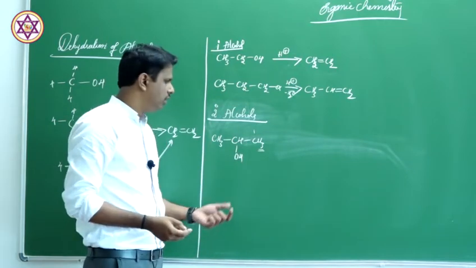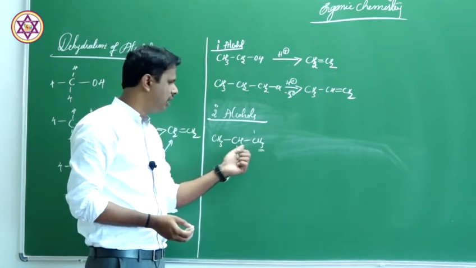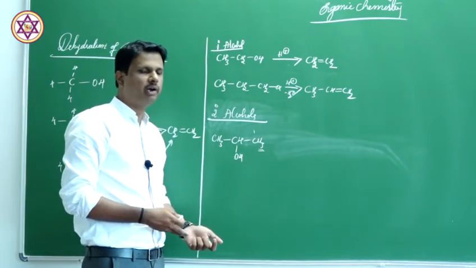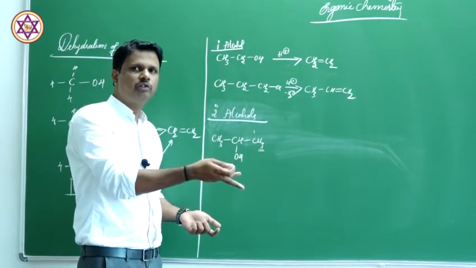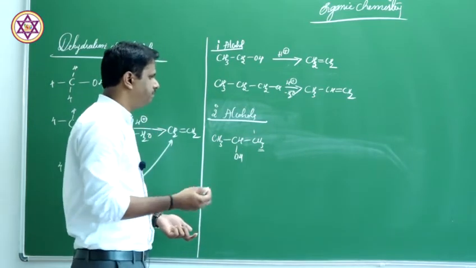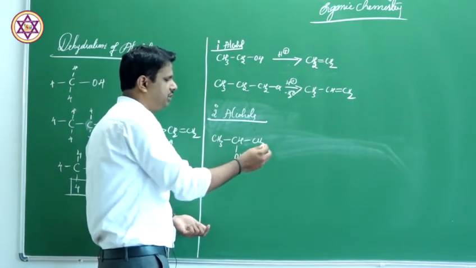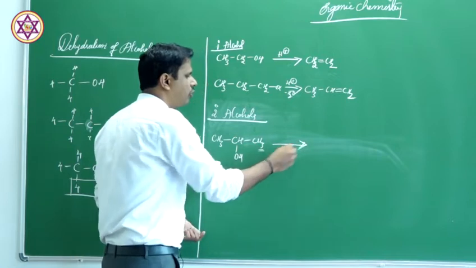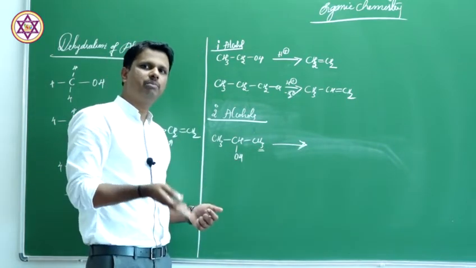We already know that in dehydration, hydrogen is eliminated from the beta carbon and the hydroxyl group from the alpha carbon atom. Since two beta hydrogens are there, any one hydrogen can be abstracted. But since the molecule is symmetrical, it doesn't matter whether the proton is removed from this carbon or from this carbon, you are going to get the same product.